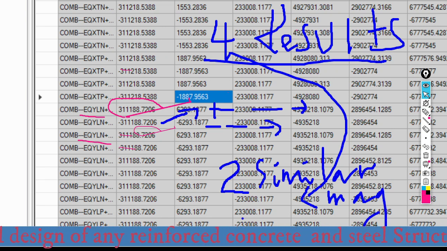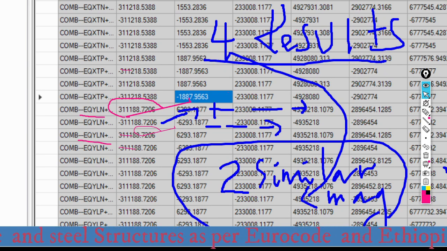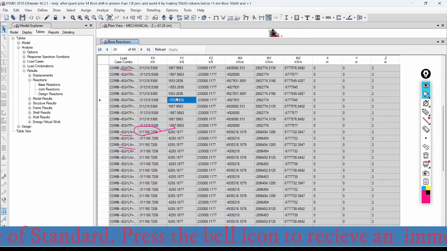But when we consider the negative sign, we'll have totally four results. When we consider the magnitude only, we'll have two results. So this concludes that considering the response spectrum load combination and the linear static load combination for earthquake in x positive and x negative directions as well as y positive and y negative directions is adequate.